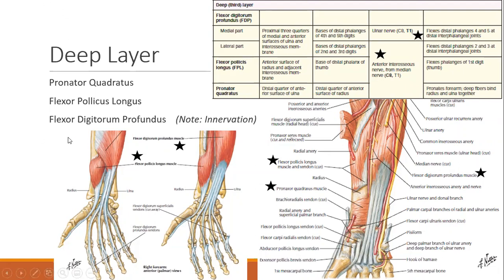The way that I remember that flexor digitorum profundus has a different innervation is that it's profundus, it's profound, so it has to be more complicated. Flexor digitorum profundus has dual innervation, so you have insertion on all 4 of these digits here, and you have a median side versus an ulnar side. The ulnar side is the 2 tendons of your 4th and 5th digit, so your ring and your pinky finger.